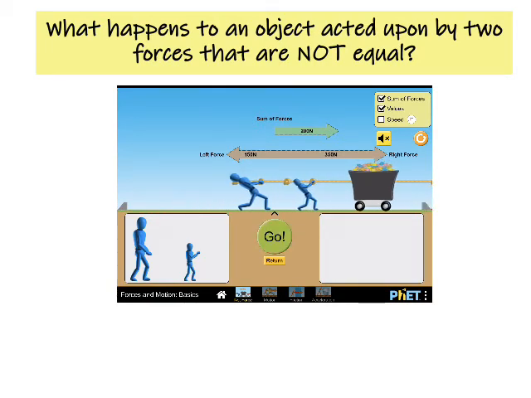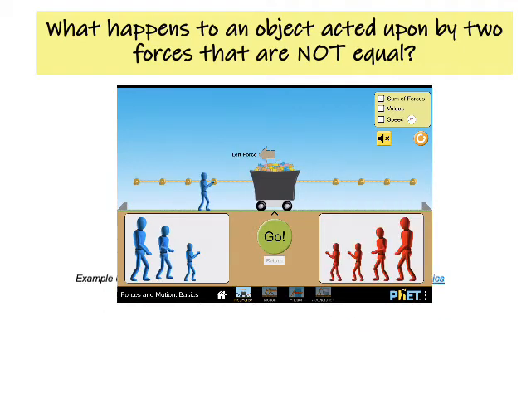As a result, the sum of forces is equal to 200 newtons to the right, with the same direction as the bigger force. And we've seen that the cart was also pulled to that bigger force, which is to the right.